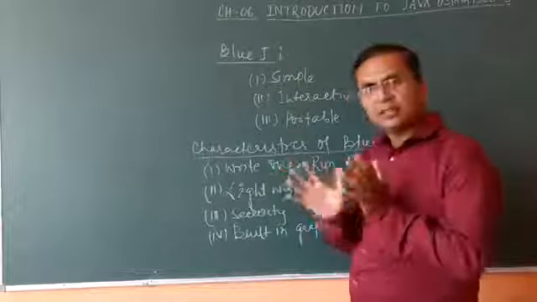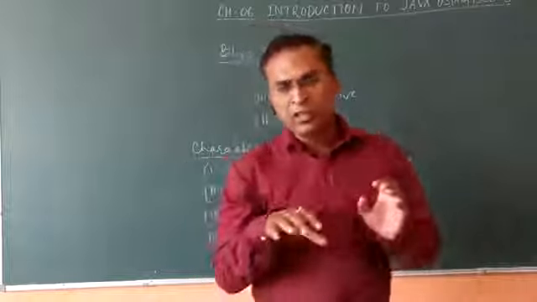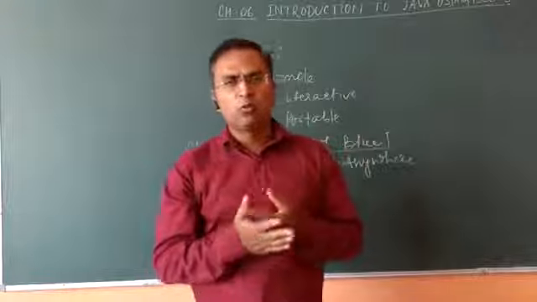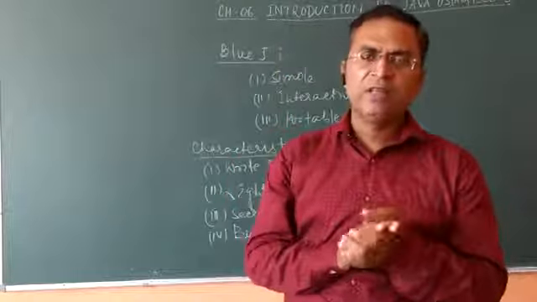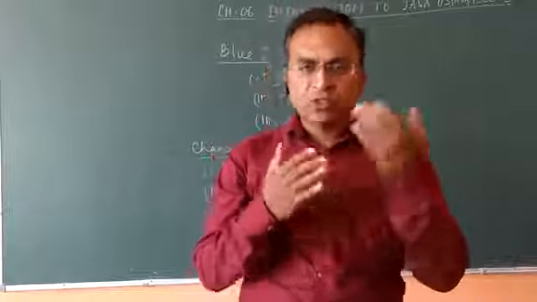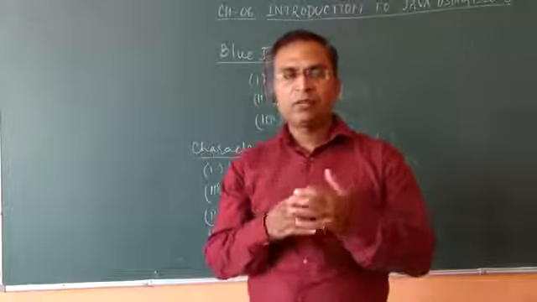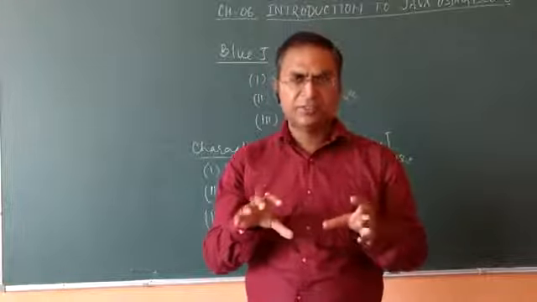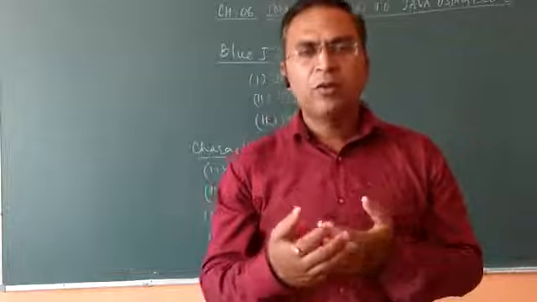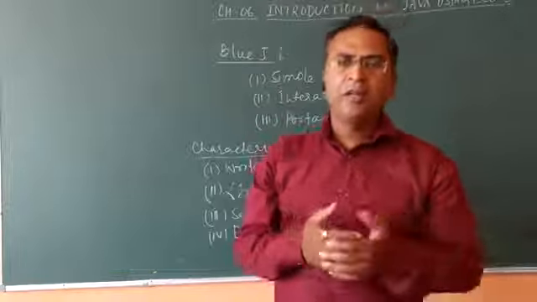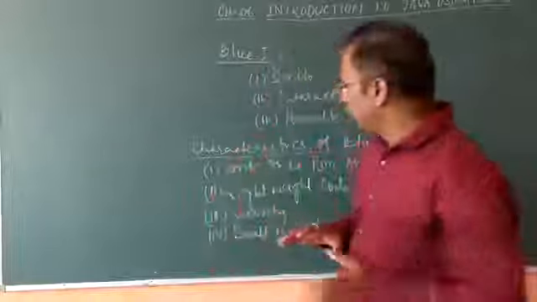So this is a characteristic of BlueJ. And lightweight code means what? The user is writing Java code with the help of BlueJ. Its code is so simple, it's not so complex. Weight means it is so simple. Any new users or developers, any programmers can understand very easily.